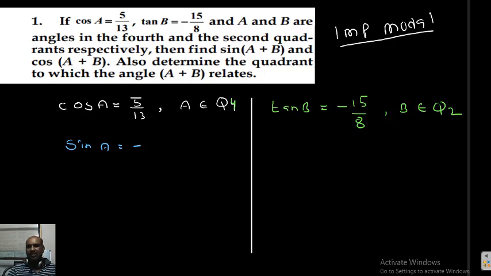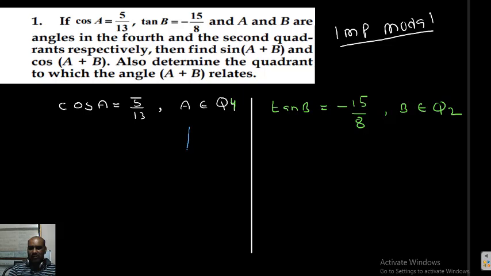Tan B is given, in Q2 tan B is negative, sin B positive, cosecant B positive, and the remaining trigonometrical ratios are negative. So for that, what should we do? We need to find the remaining trigonometrical ratios for the angle A.